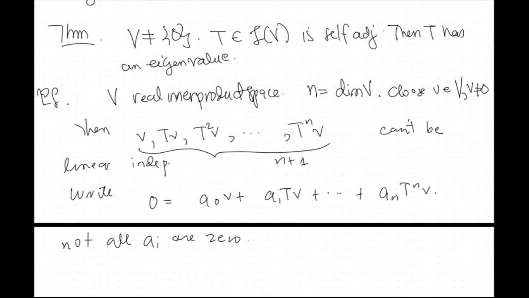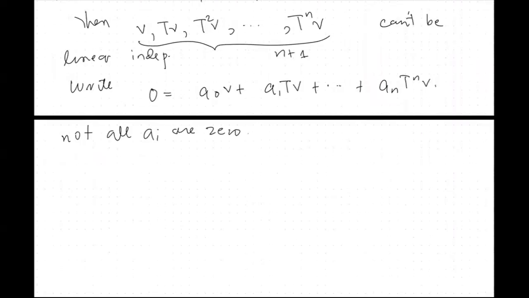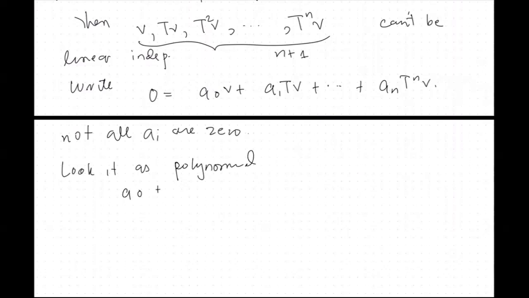So we can look at these as coefficients of a polynomial, as we had before. We get a0 plus, instead of x, T applied to v, a1 x plus up to an x to the n.